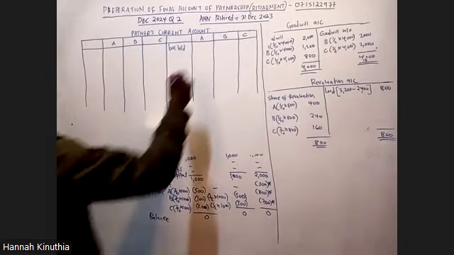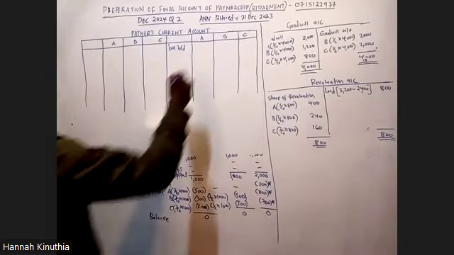Now let us consider the items which affect the current account. Number one is interest on capital. Did we have interest on capital? Look at this: there is no interest on capital. We can write interest on capital, but there is none.